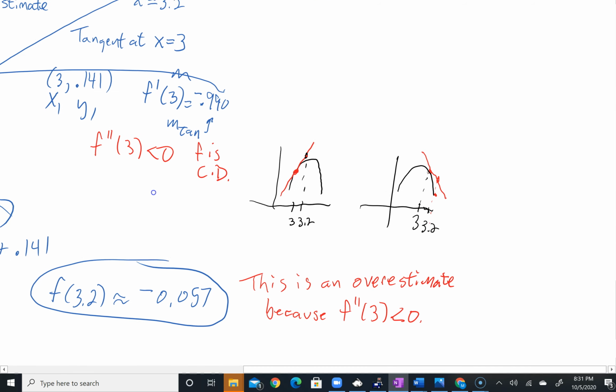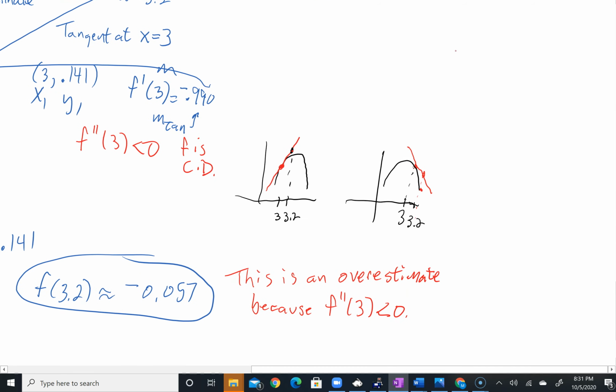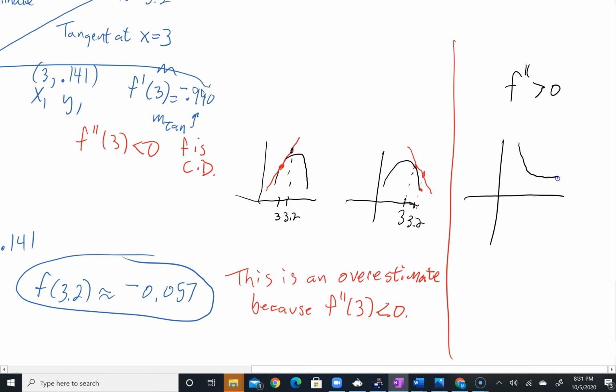Now, by way of comparison, I do want to quickly talk about what would happen if you had been concave up. Remember that means that your curve is like a cup. It would look something like so. And what would that really entail then? Well, if you had a tangent line, any point on that tangent line away from the point of tangency would be below the curve.